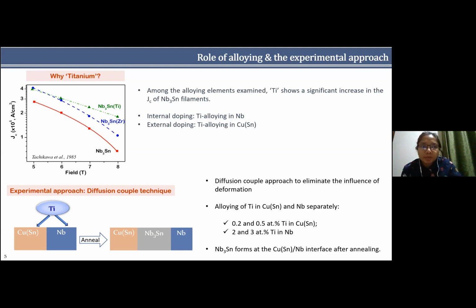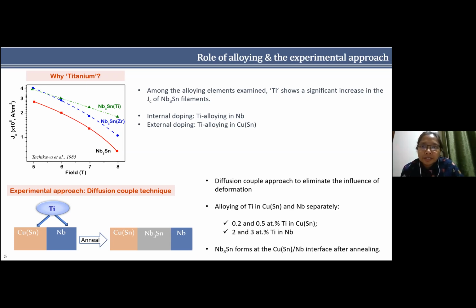Here I have shown in the plot, just for comparison, how doping with titanium enhances the high field performance, usually in the 7 to 8 Tesla range, in comparison to zirconium. So that's why we have chosen the alloying element titanium for our study.